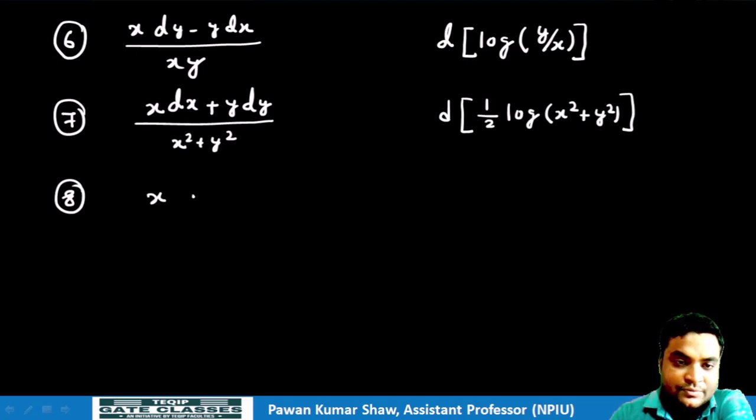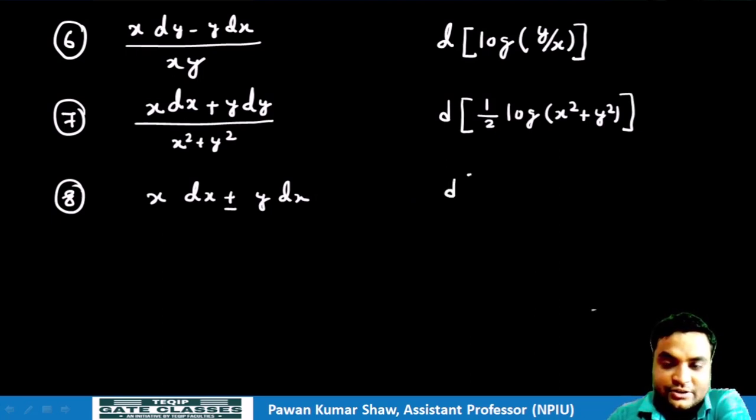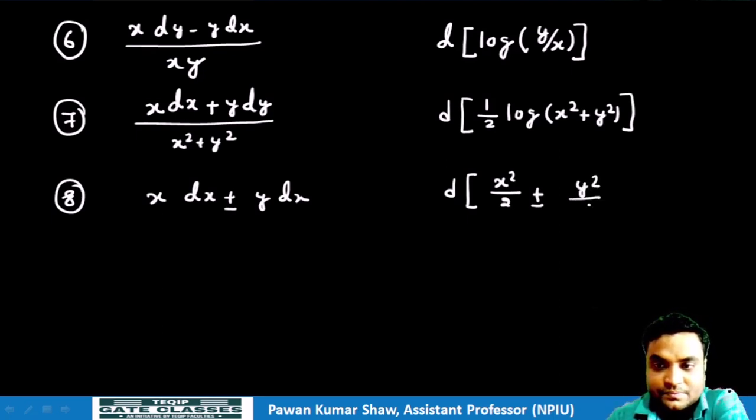Also, suppose some expression is like x dx plus or minus y dy, then in that case we can write d of simply x square by 2 plus or minus y square by 2.